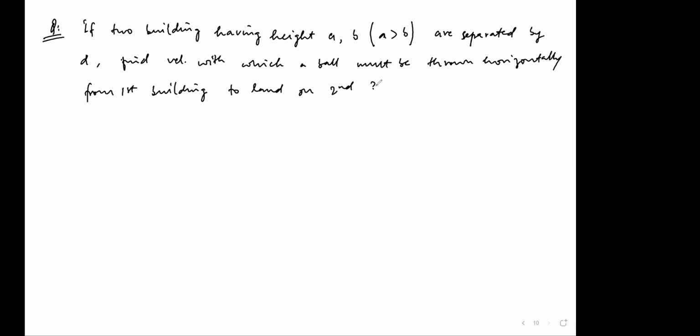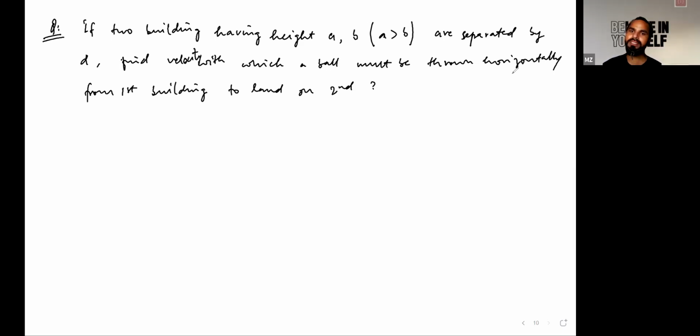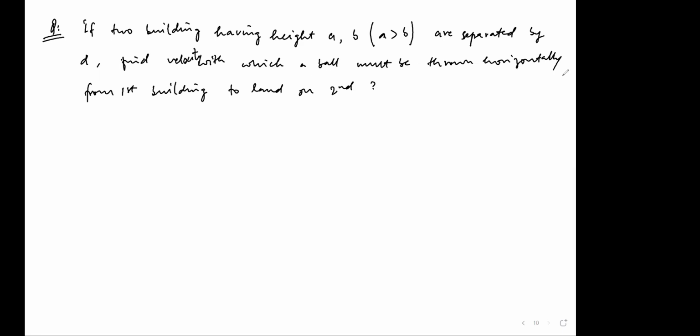Sir, can you read the question again? Find the velocity with which a ball must be thrown horizontally.